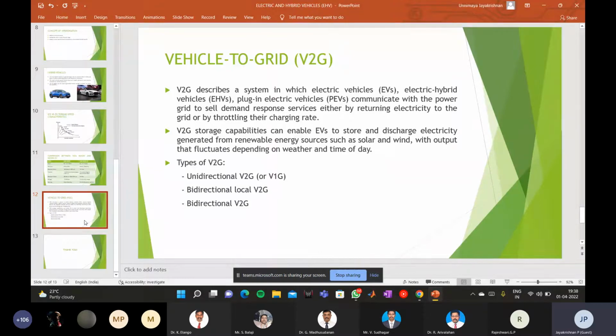Next is again, charging will take a very long time. If fast charging takes 40 minutes, then after going around 200 kilometers, we will have been driving almost 4 hours, so we will have to take some refreshment.